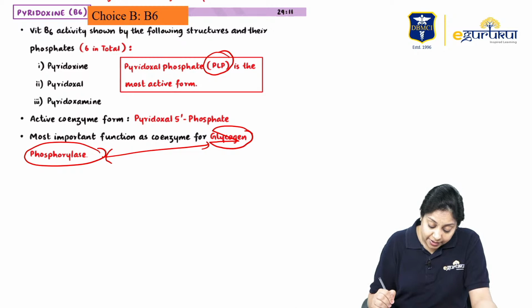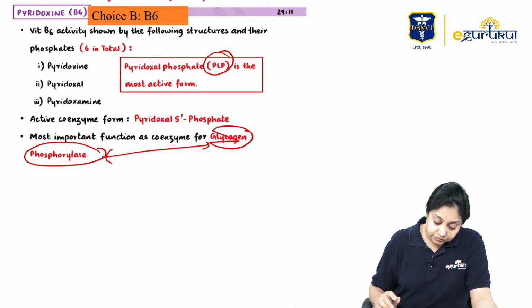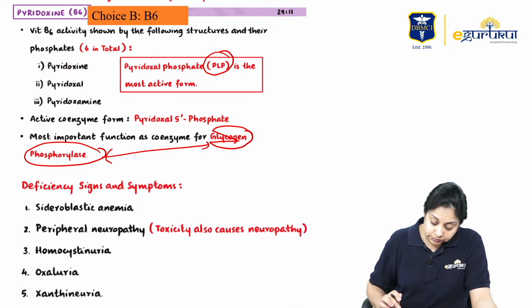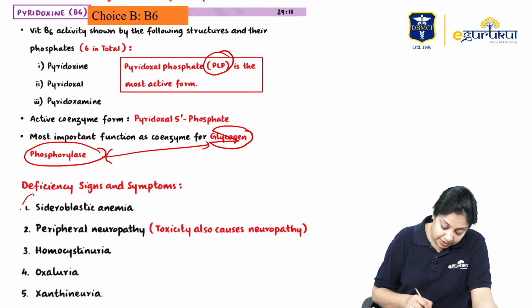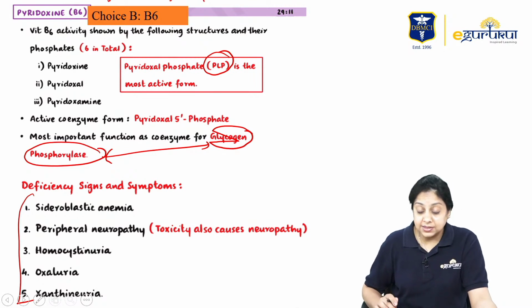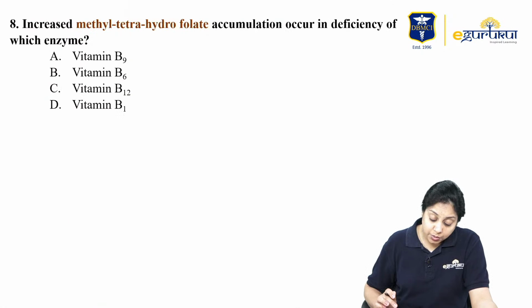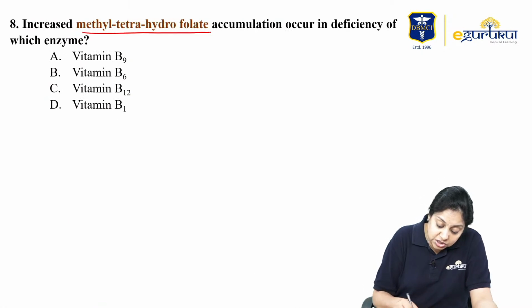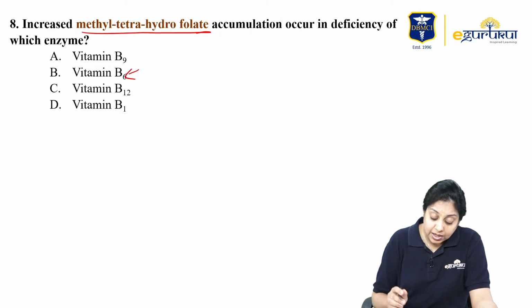That is glycogen phosphorylase. Its deficiency symptoms are sideroblastic anemia, peripheral neuropathy, homocystinuria, oxaluria, and xanthinuria. The question was asking about methyltetrahydrofolate accumulation. Is it B6? We don't see it in B6.